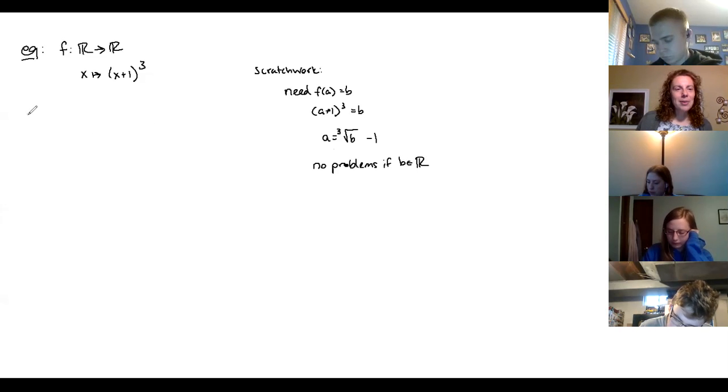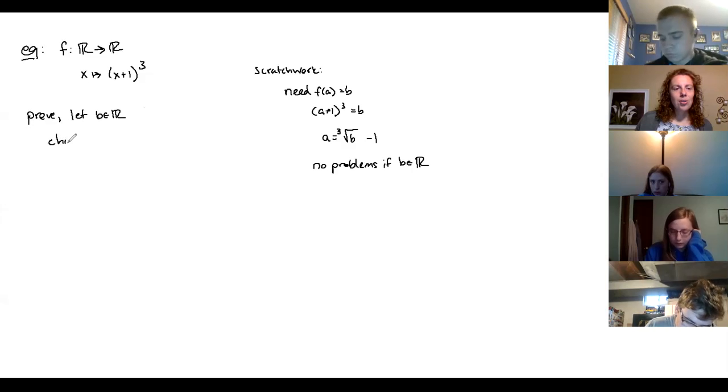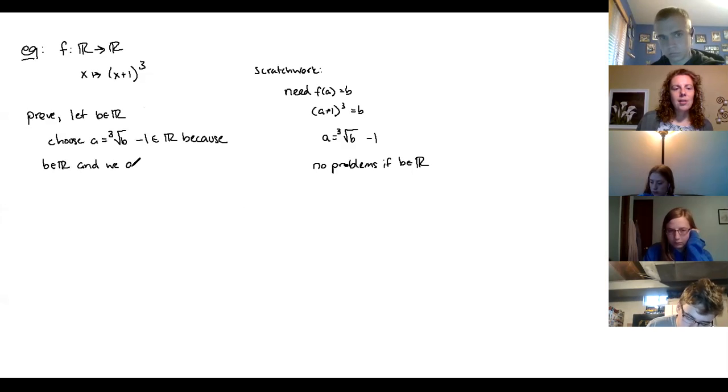All right, so this is going to be a proof. And so we're going to let B live in the real numbers. Choose A to be equal to the cube root of B minus 1, which lives in the real numbers because B lives in the real numbers, and we are using exponentiation and subtraction.